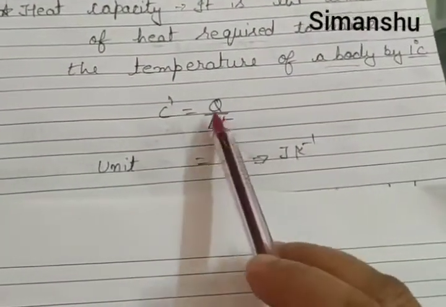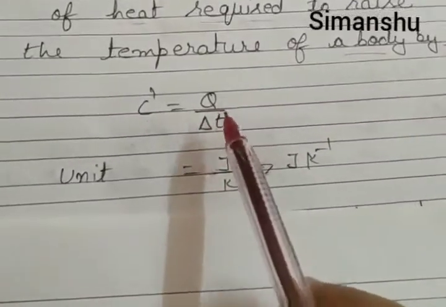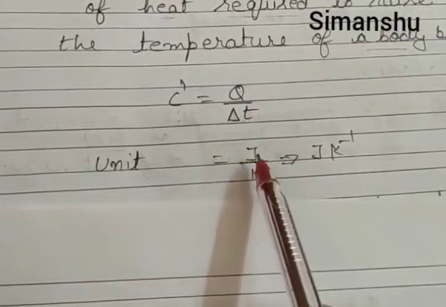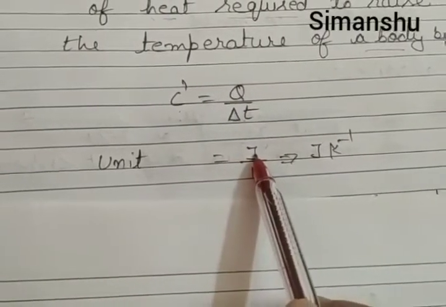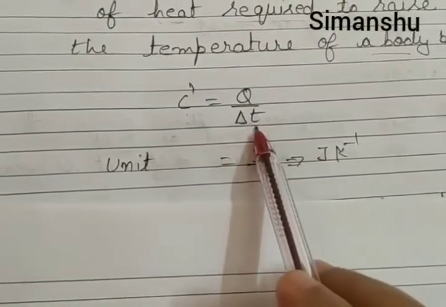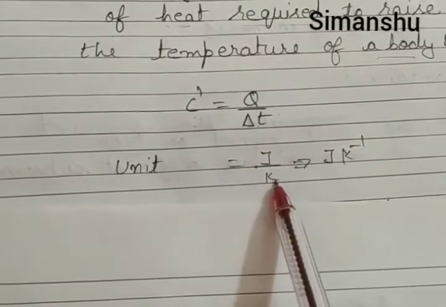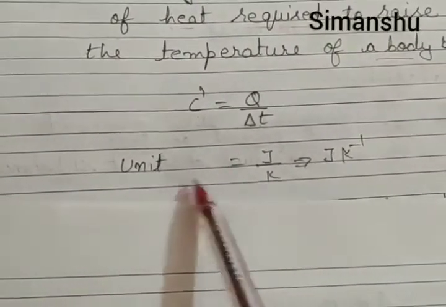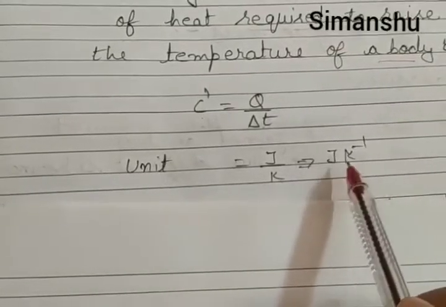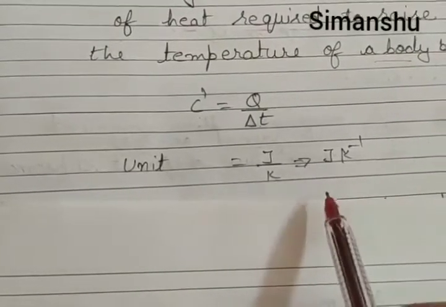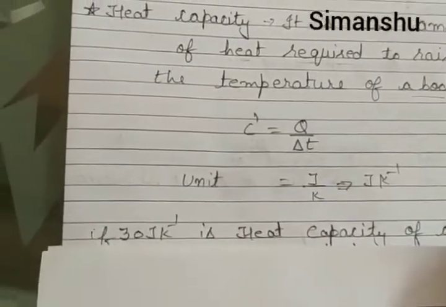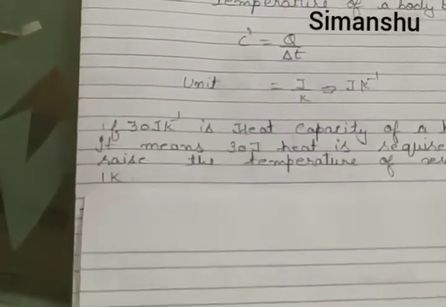Here Q is the symbol of heat, so the SI unit of heat is joule. Here delta T is the change in temperature, so the SI unit of temperature is Kelvin. So the unit of heat capacity is joule per Kelvin. Clear? Okay.